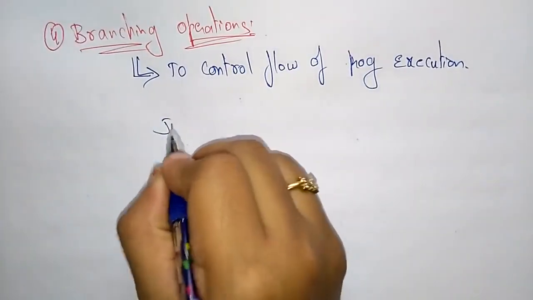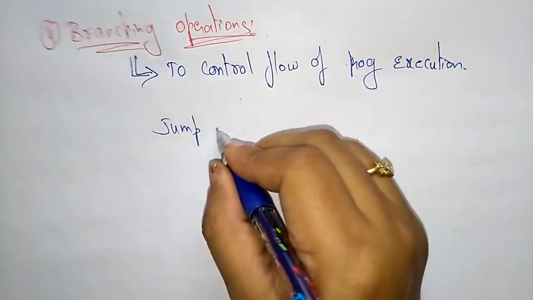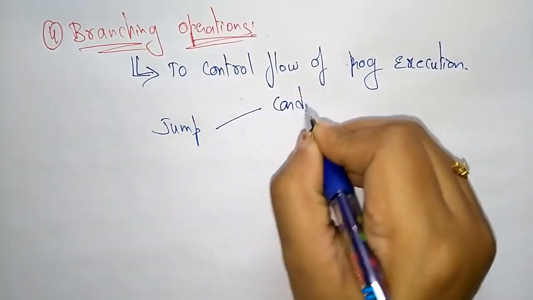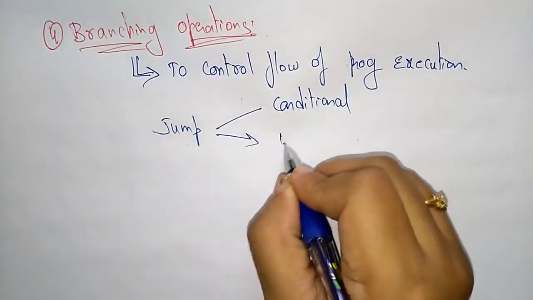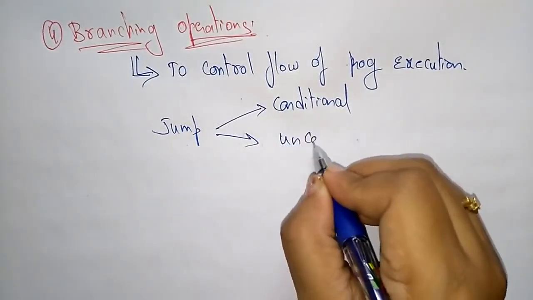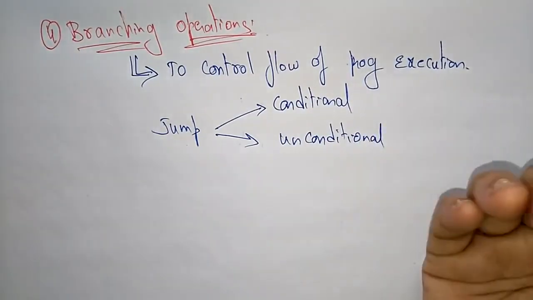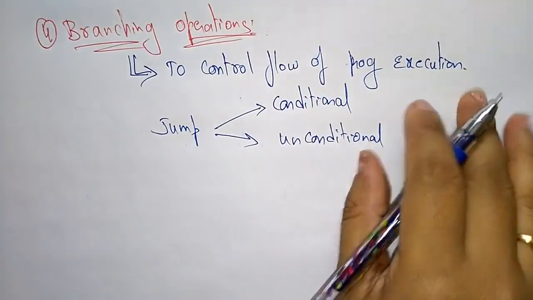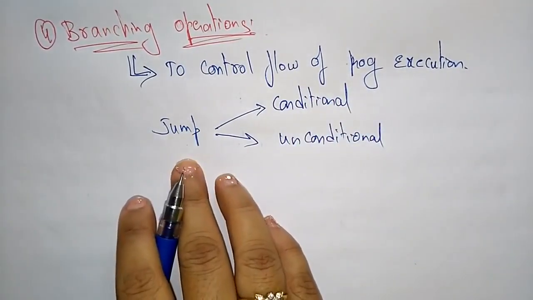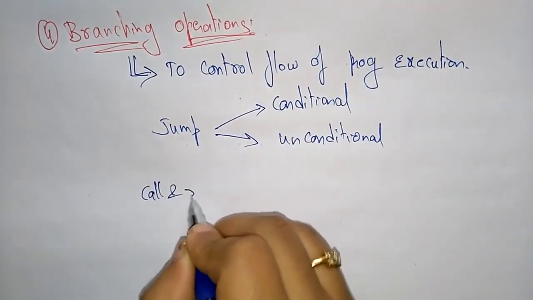The jump instruction is used for branching. That jump may be a conditional jump, meaning the condition is specified, or an unconditional jump, meaning without condition, the instruction jumps from one statement to another statement. So the branching operations may be jump or call and return.